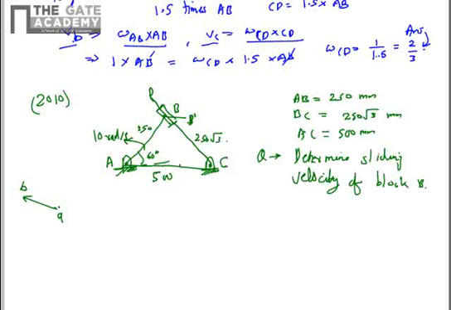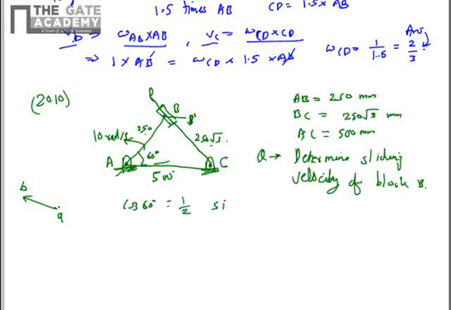If you just apply a little bit of common sense, you can see that 250 is half of 500. So cos 60 degrees is half, and this is 250 root 3.